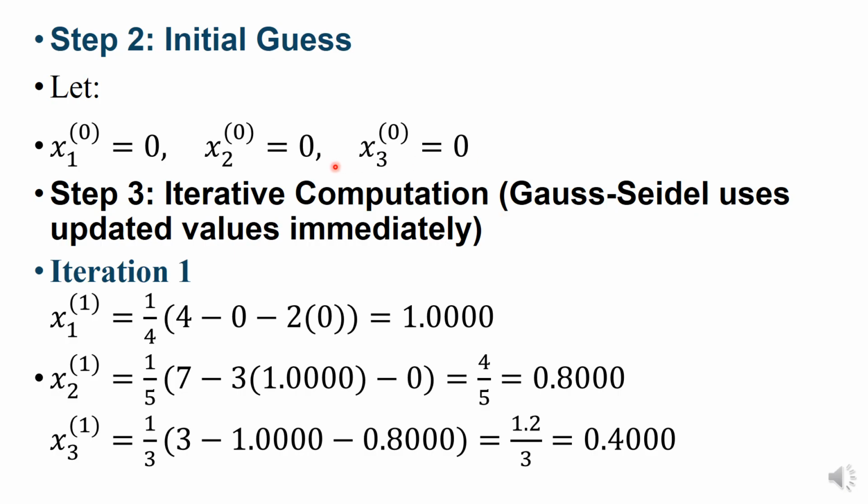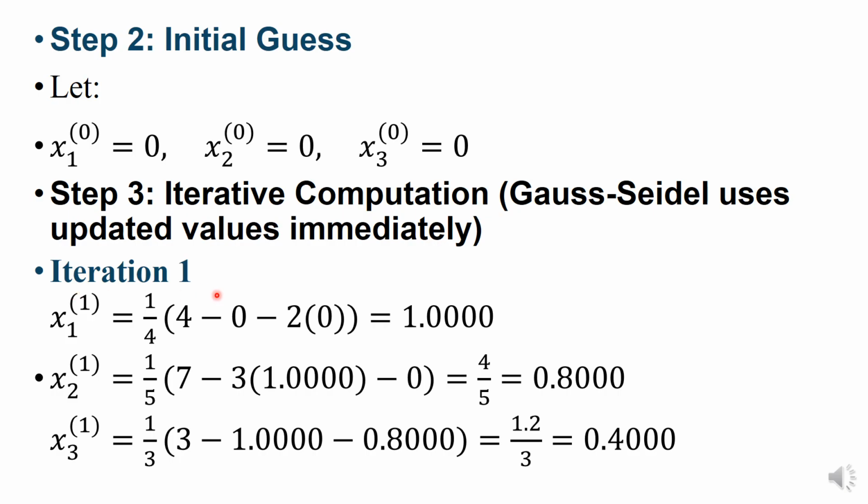You must remember that we first start the Gauss-Seidel method by putting these values, because this is the algorithm for the solution. Step 2, iterative computation: Gauss-Seidel uses updated values immediately.